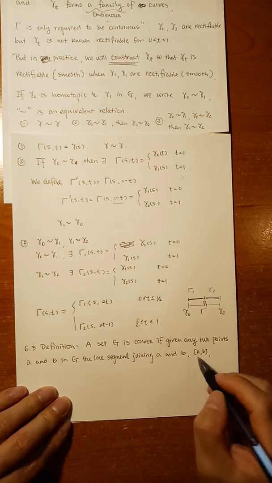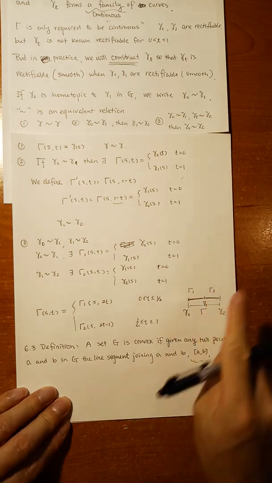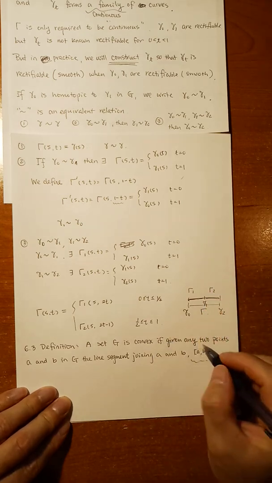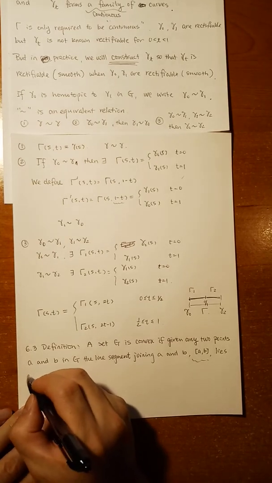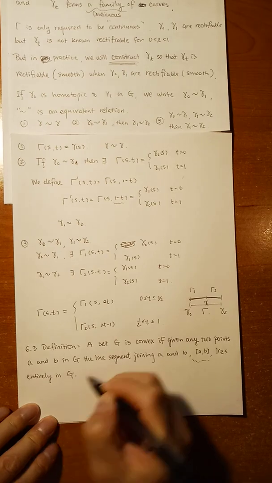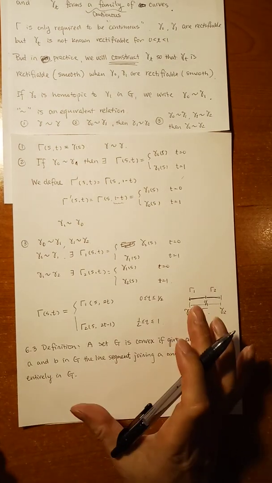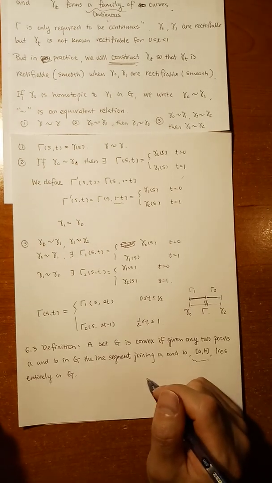This is not an interval. It's just a line segment from A to B. Okay, it's not an interval. It lies entirely or completely in G. Every 2 points, you can always connect them and get the line segment in G. Then this is a convex set.